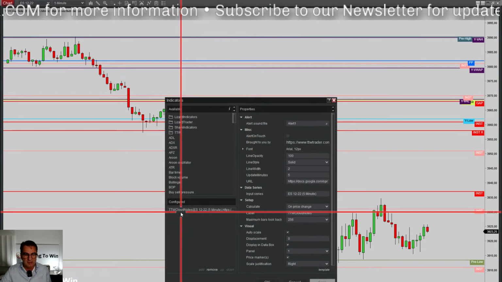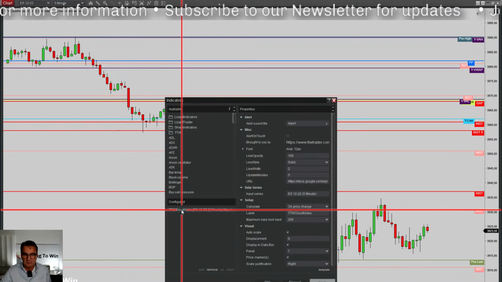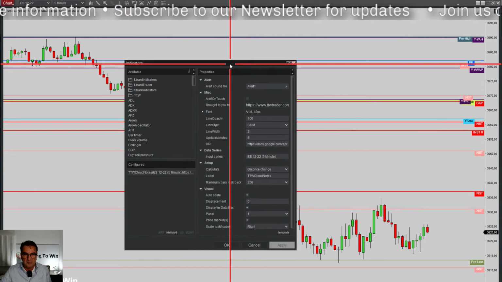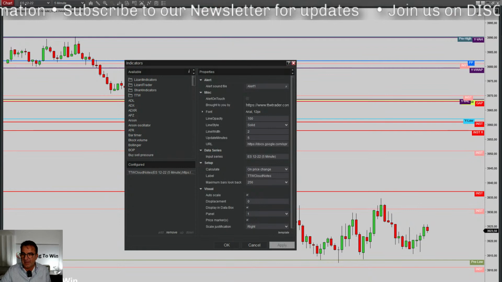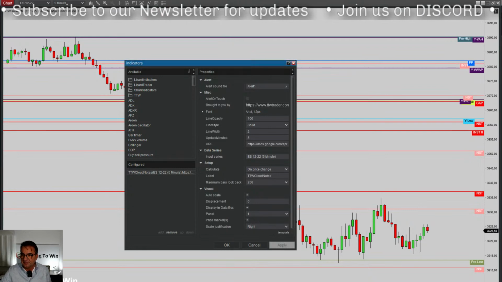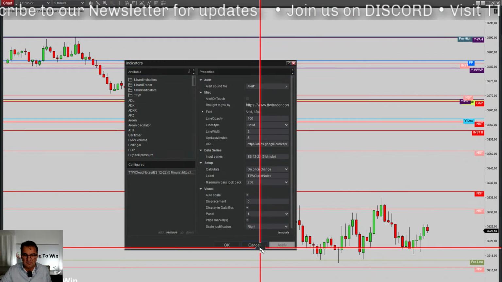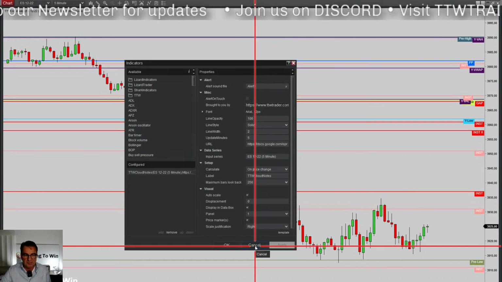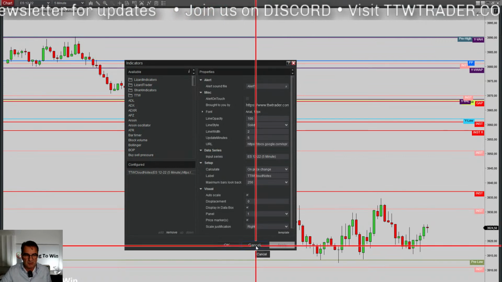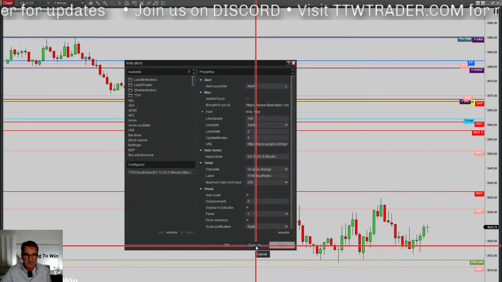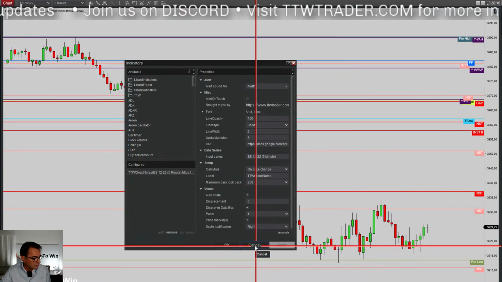We call it TTW Cloud Nodes. The indicator is in our Discord room.